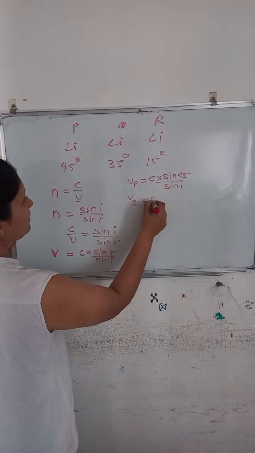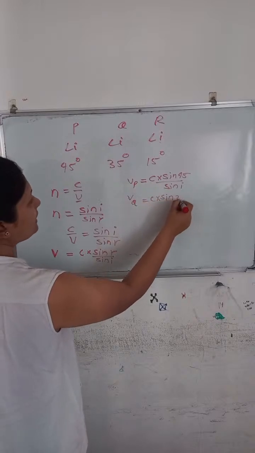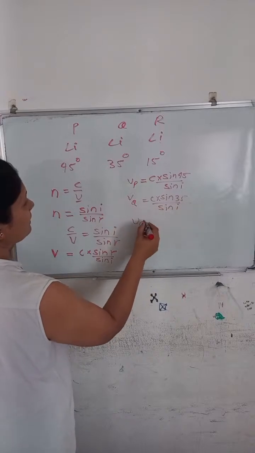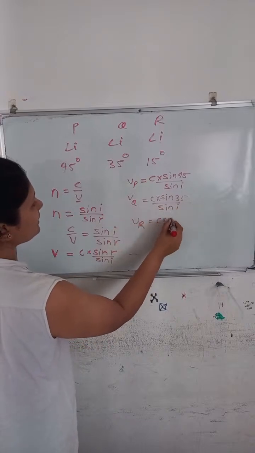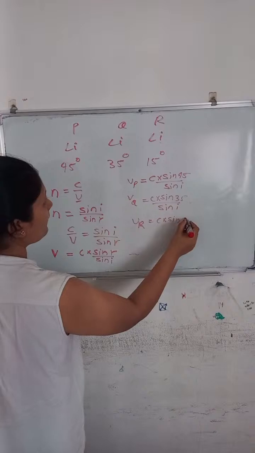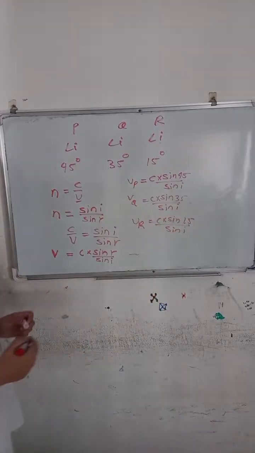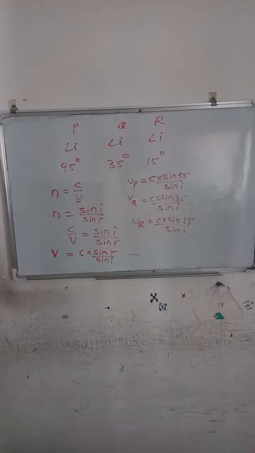Vq is c into sine 35 divided by sine i. Vr is c into sine 15 divided by sine i. So these are the values we will get.